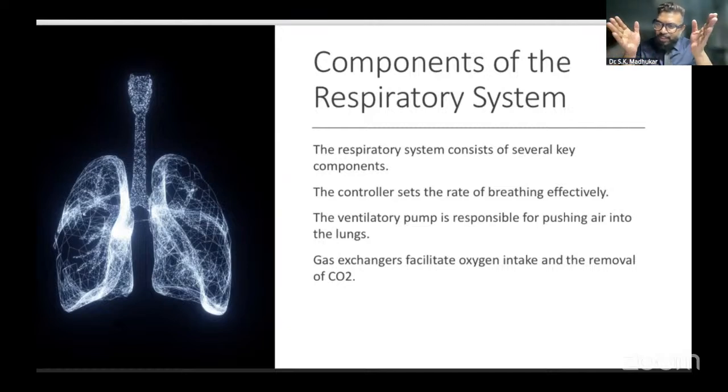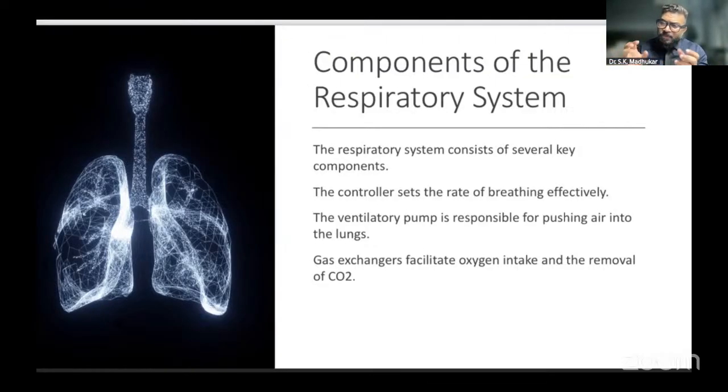Controller sets the respiratory rate. Pump means pushing the air into the lung. Gas exchange means facilitating oxygen delivery to the blood and extracting CO2 from the blood. So we have three components of the respiratory system, and failure in any of these components leads to respiratory failure.